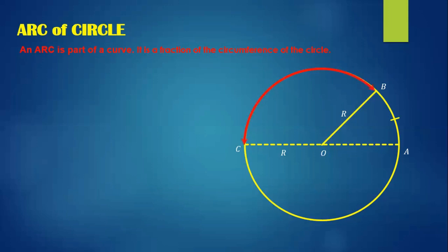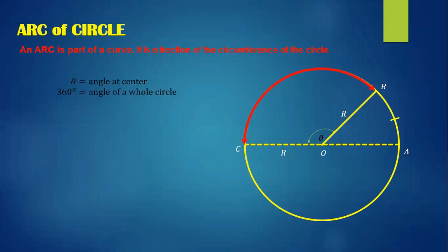Okay, we name this length arc BC or arc CB, with respect to angle theta. Theta is the angle at the center.